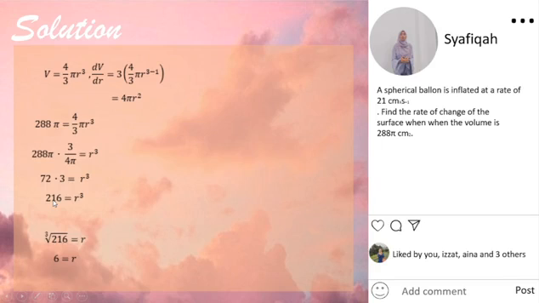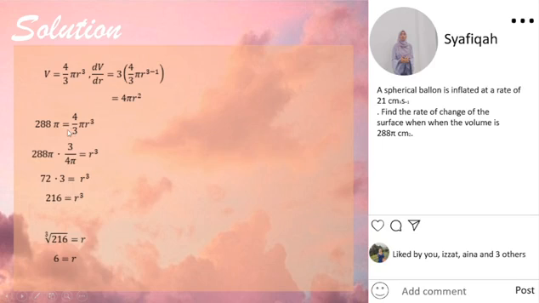In the question, the value for volume is already given, which is 288 pi. So we just need to substitute the value in this formula, and it will become 288 pi equal to 4/3 pi r cubed.